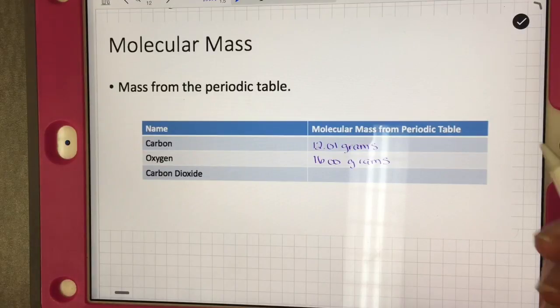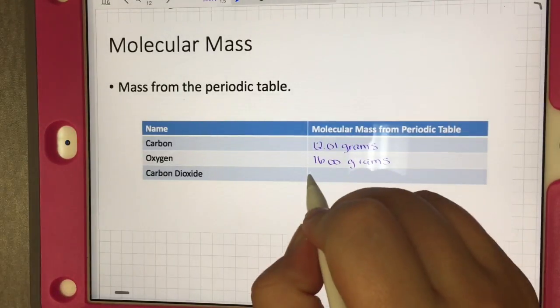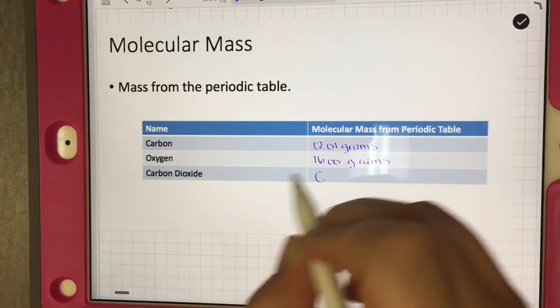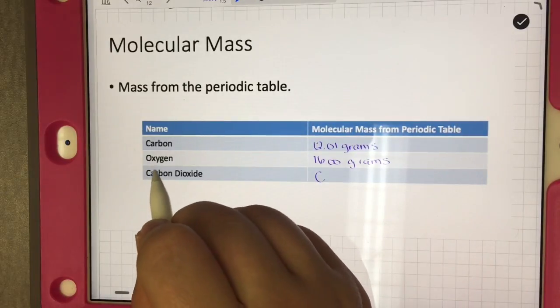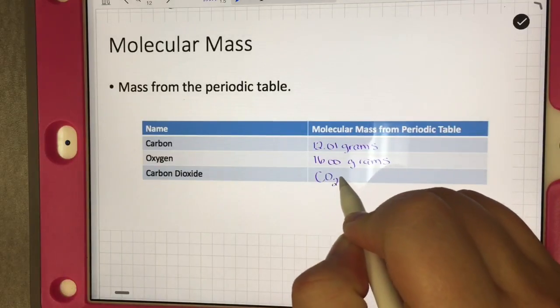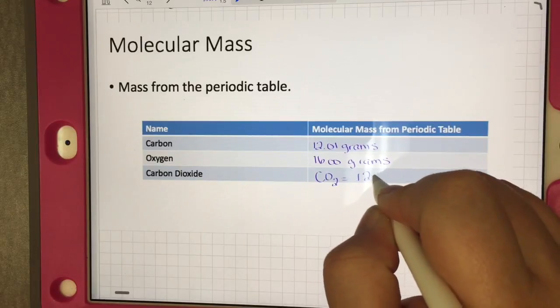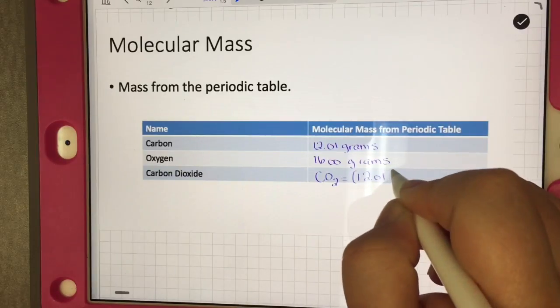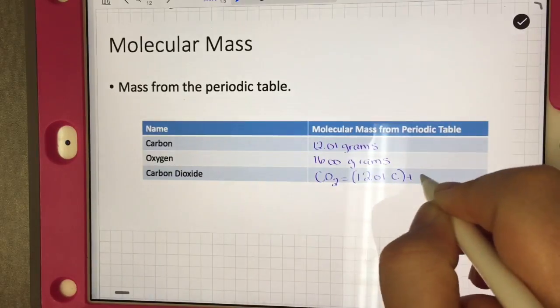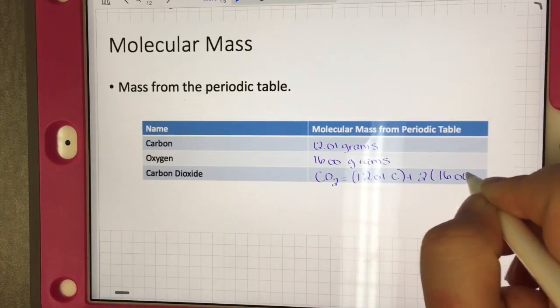So carbon dioxide, this is where the naming comes in. We have carbon, and there's only one, because mono is not noted in the first element. For dioxide, we have 2 oxygens. So that's going to be 12.01 for the first one, for carbon, plus 2 times our oxygen, which is 16.00.